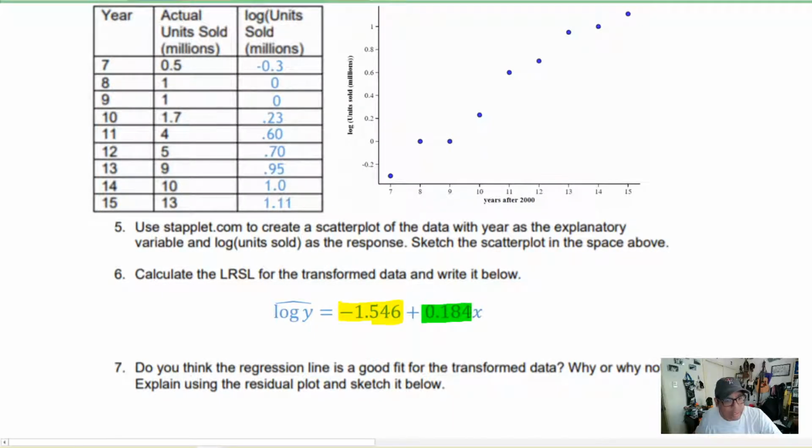You're looking at the slope and the y-intercept. So if we do 10 to the negative 1.546, we're going to get the a of the exponential model. And if we do 10 to the 0.184, we're going to get the b of the exponential model. Something like this.